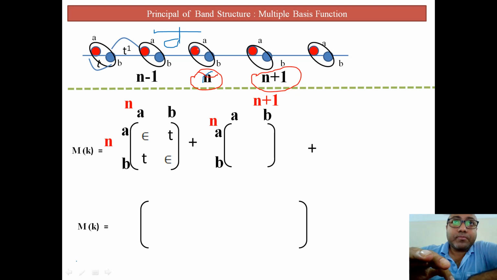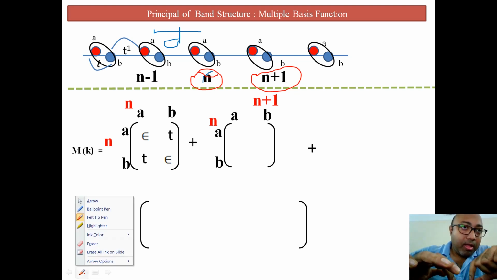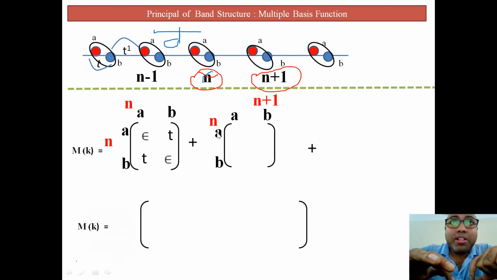This a of n multiplied by a of n plus 1. What I am saying is, this nth component of a has to multiply with the component of a of n plus 1, a by a.